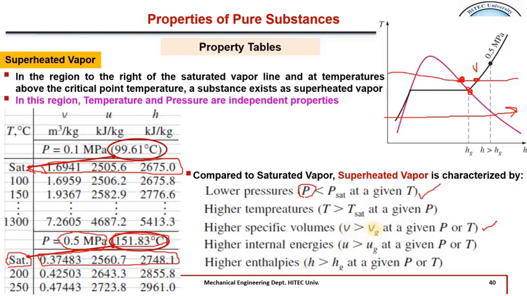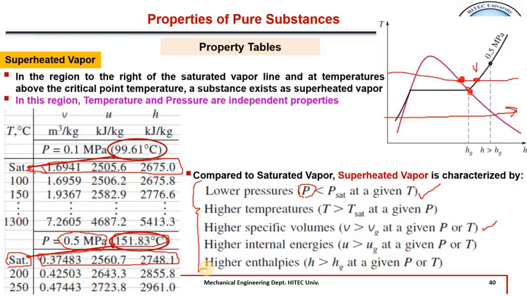So that's why V will be greater than Vg at a given P or T. This volume or internal energy or enthalpy will be greater than the corresponding Vg, Ug or Hg. So these are the characteristics of a superheated vapor.